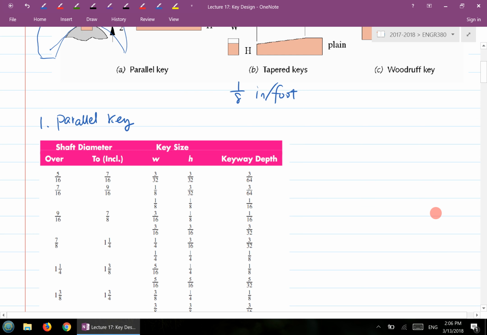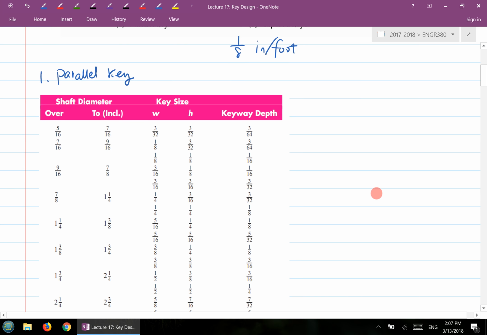For most of the design here, for picking a key, you need to look up the tables, and you need to calculate the so-called minimum length of the key. There are a number of tables. This is the first table, Table 7-6 in your textbook.